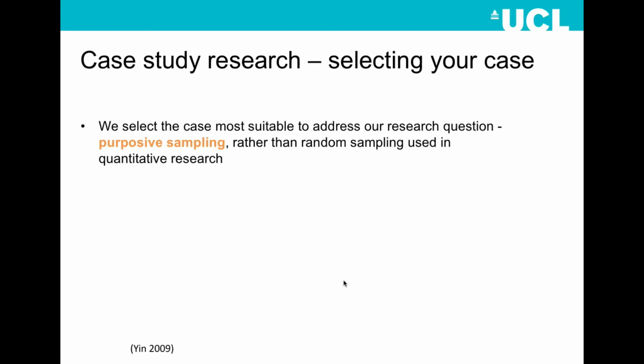This way of choosing our case is what we call purposive sampling, which is radically different from random sampling, which is used in quantitative research, as we will be explaining in a couple of weeks.